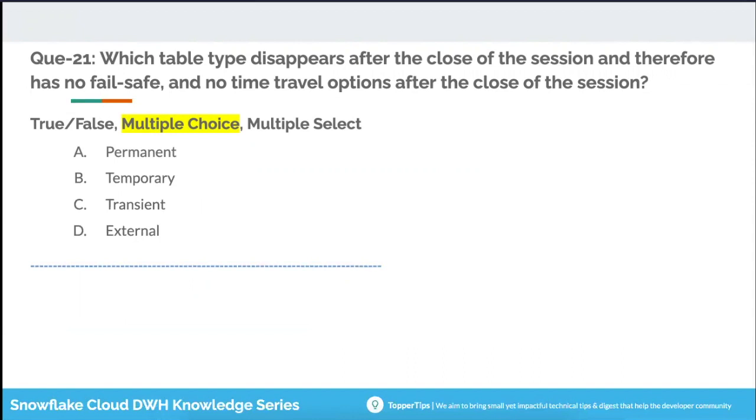Question number 21, which table type disappears after the close of the session and therefore has no fail-safe and no time travel options after the close of the session? So this is also a pretty simple one. Here you go with the answer.